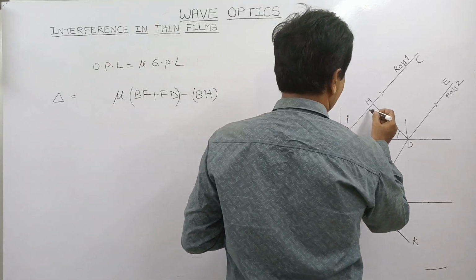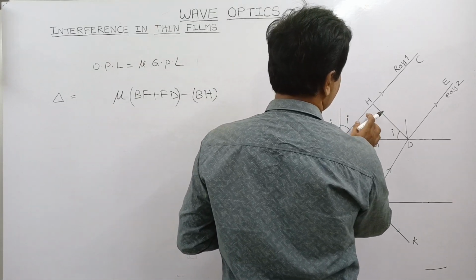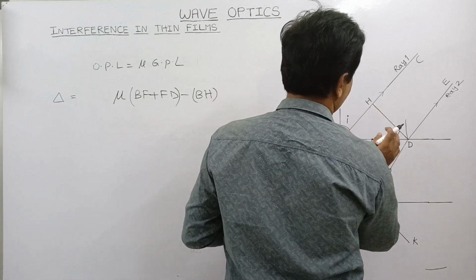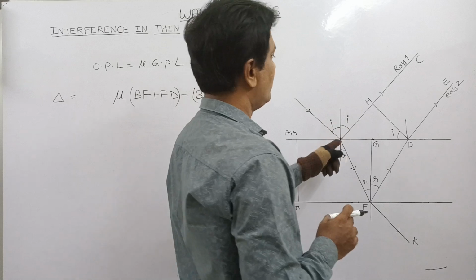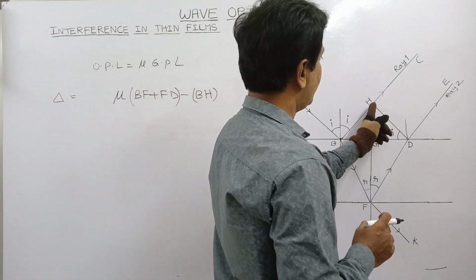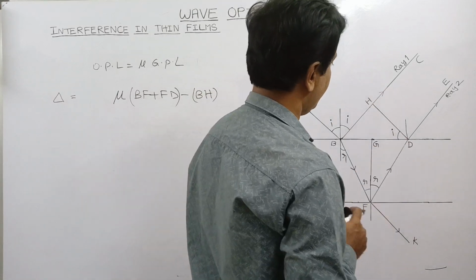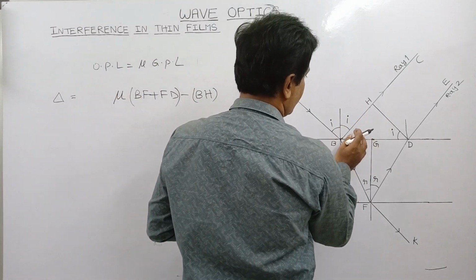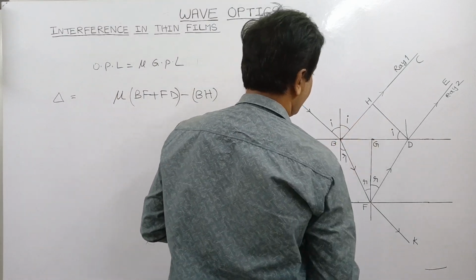This angle is 90 degrees because this is the perpendicular drawn from H to D, and this is the perpendicular to the BC ray drawn to the point D. This is i, so this angle is 90 minus i.